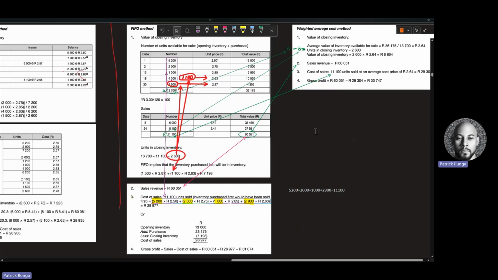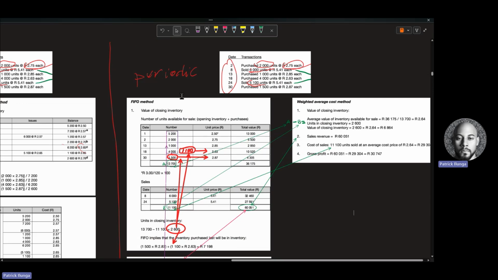If you look at the weighted average cost method, we are in the periodic, not the perpetual. Do you spot the difference between the two? For the FIFO, we know the value at all times. For the weighted average, we need to have an average. What will be the average? The average is simple.